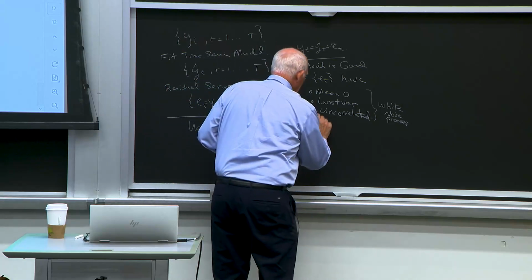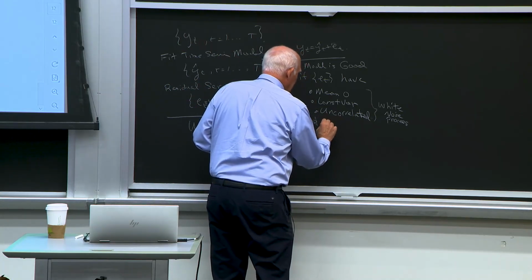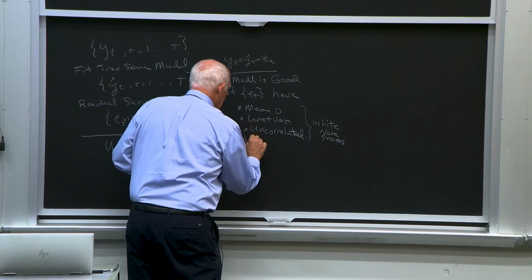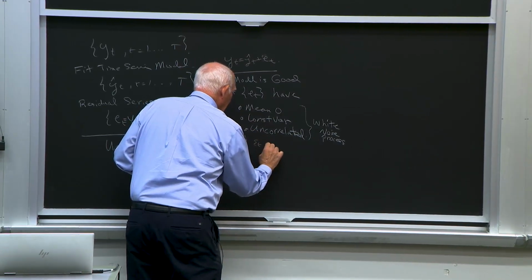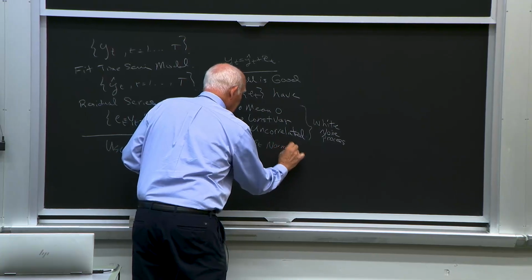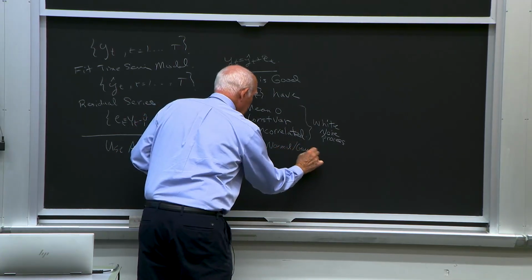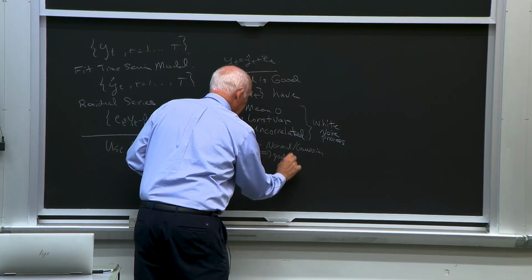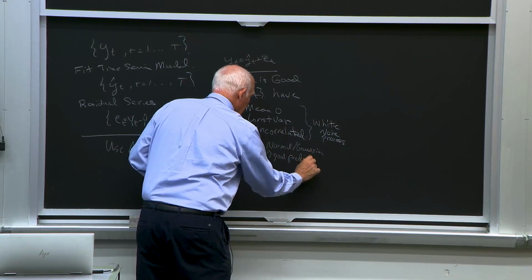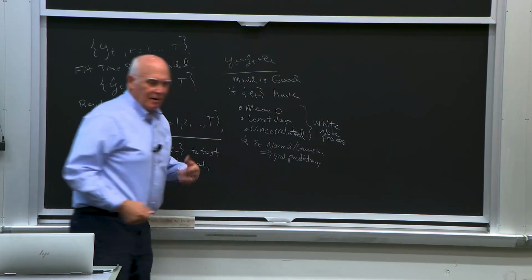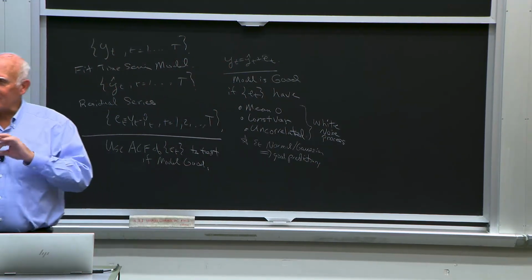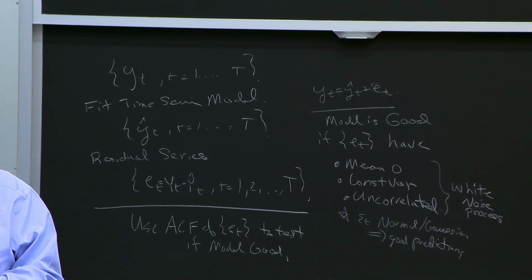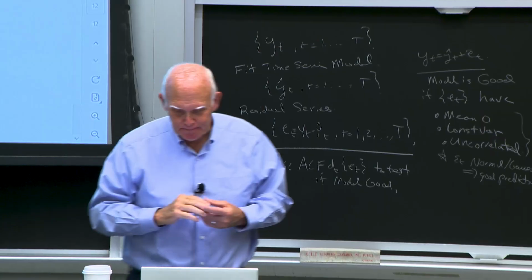There's actually another assumption here: if the epsilon t are normal or Gaussian, then this gives good predictions. And by predictions, I'm thinking not of point forecasts of a series, but of a prediction interval, and how wide that prediction interval should be, depending upon the variability.